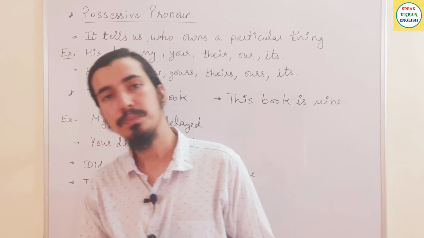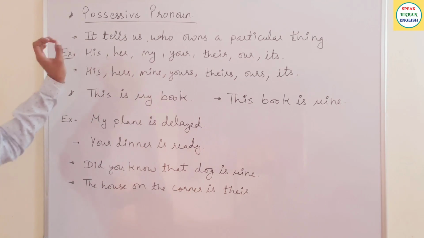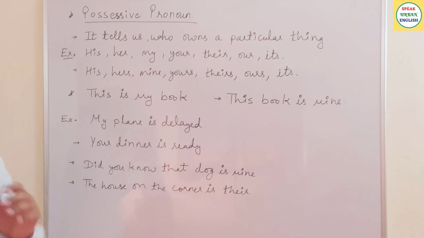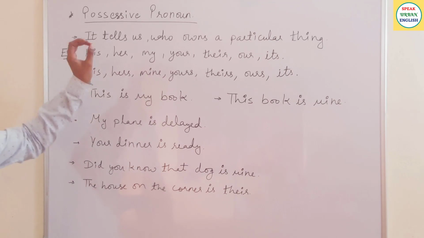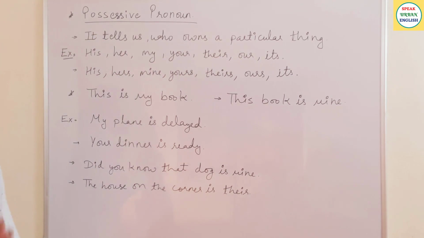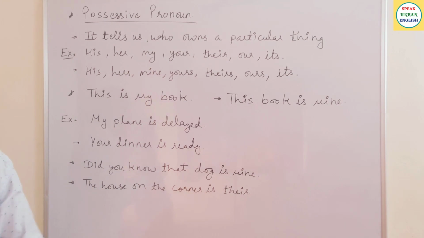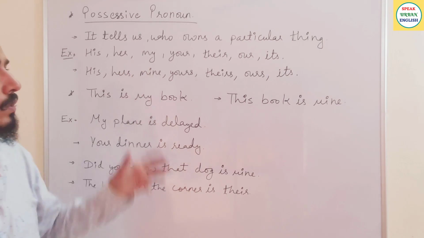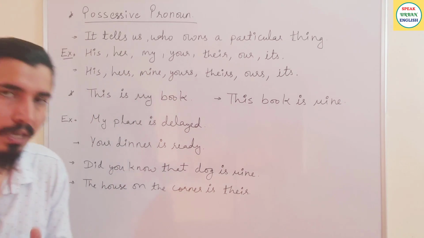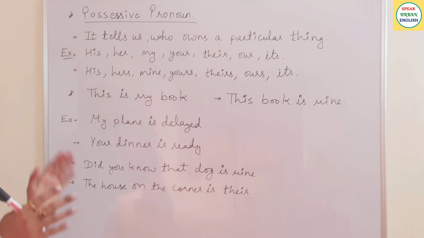So the next type of pronoun is, guys, the possessive pronoun. Okay, what is it? It tells us who owns a particular thing, and it's clear from the name: possessive, possession. It has two categories, category 1 and category 2.